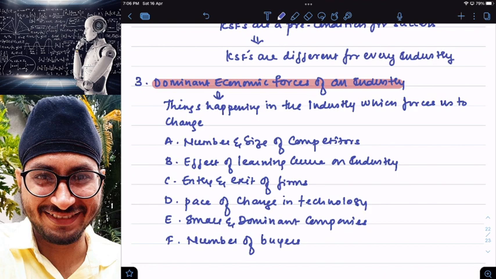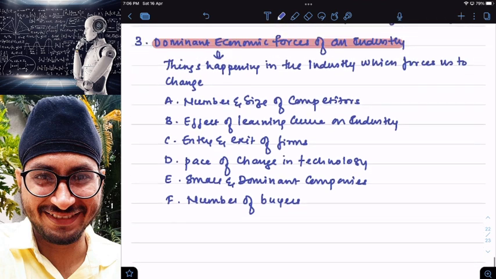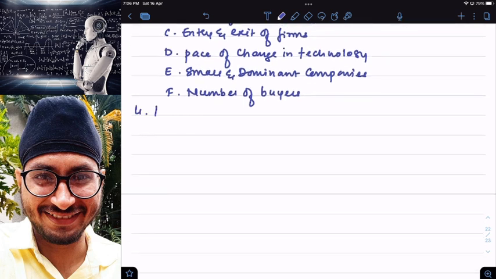Next, we have financial attractiveness of an industry. The fourth factor is financial attractiveness of industry.